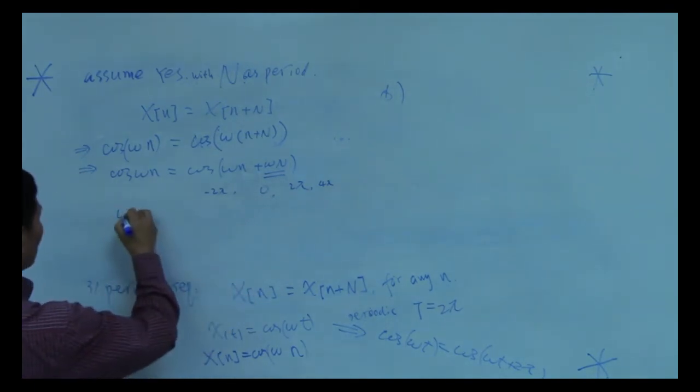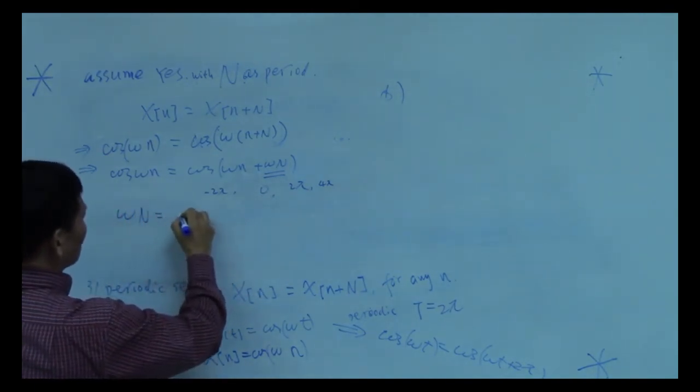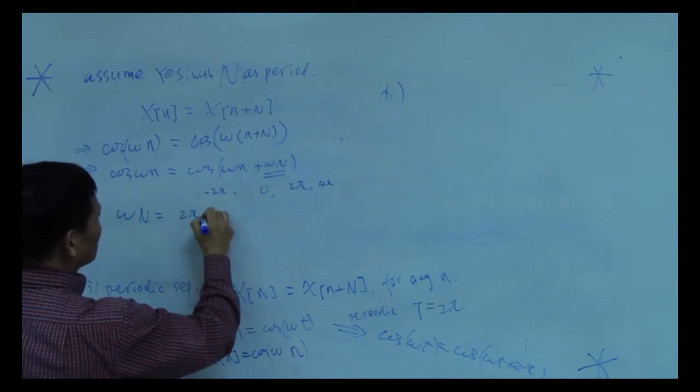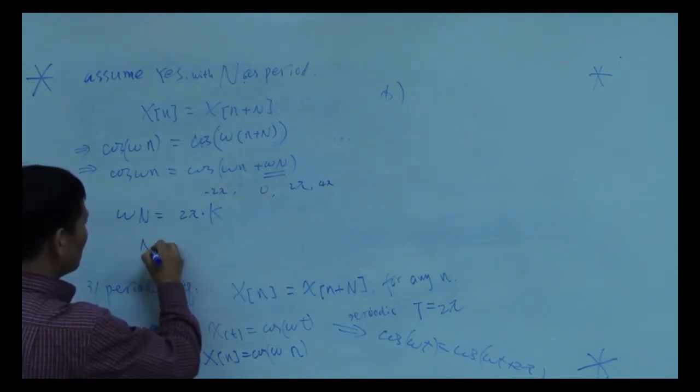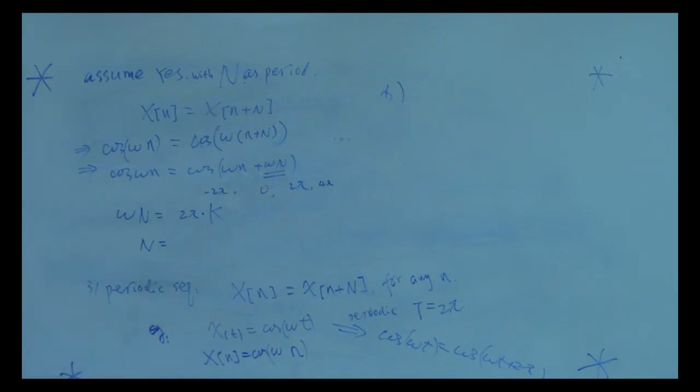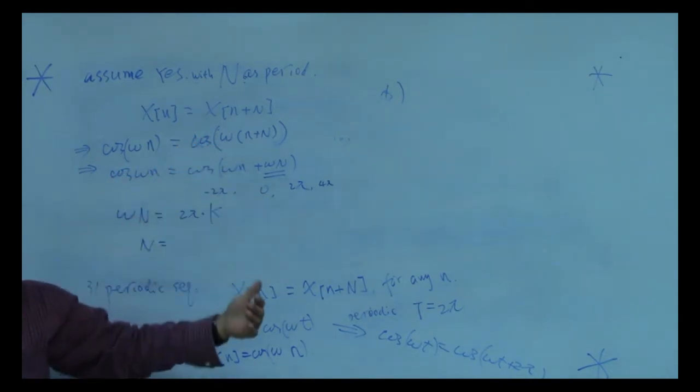So that means omega N must equal 2 pi times an integer k. K can only be negative 1, negative 2, negative 3, 0, or 1, 2, 3. Does it make sense to you? Okay, let's see, what is your period? The period you said is N, right? So what is N?